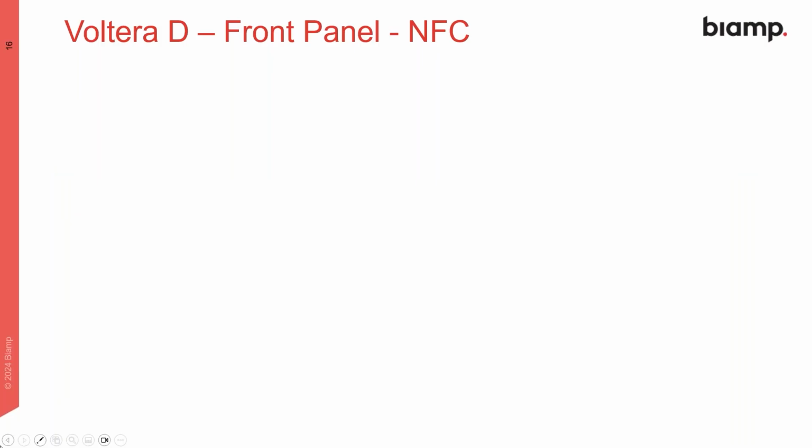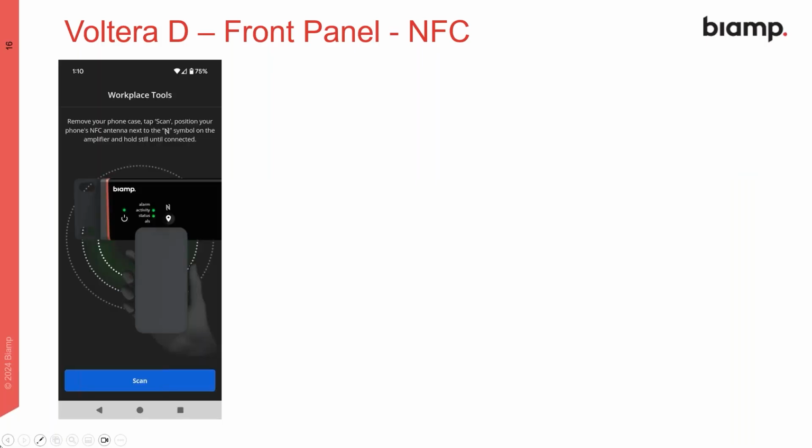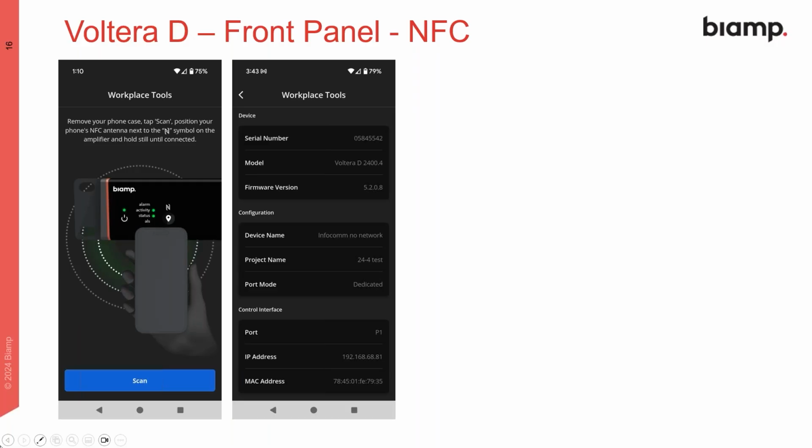So assuming we do have an amplifier that is at least on firmware version 5.1, which pretty much anything shipped in the last few months will be, walk up to it, open the app, touch the scan button, go to the NFC logo closely, it'll beep back with you, and it's going to pull all this information from the amplifier.